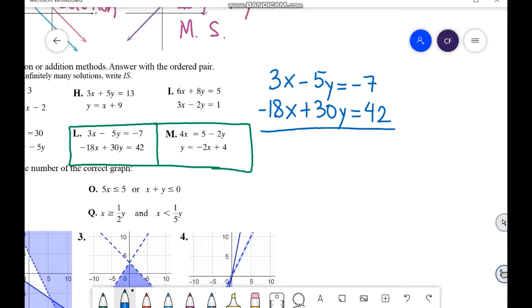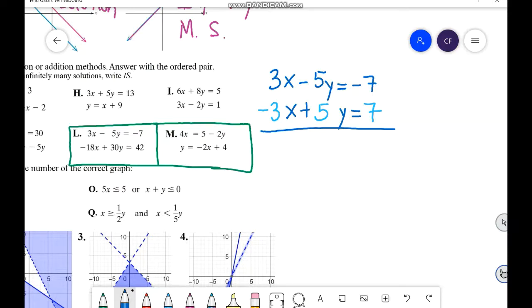My idea is to divide the second equation by 6, every term of the equation. -18 divided by 6 is -3. 30 divided by 6 is 5. And 42 divided by 6 is 7. Okay? So I divided every term of the second equation by 6.